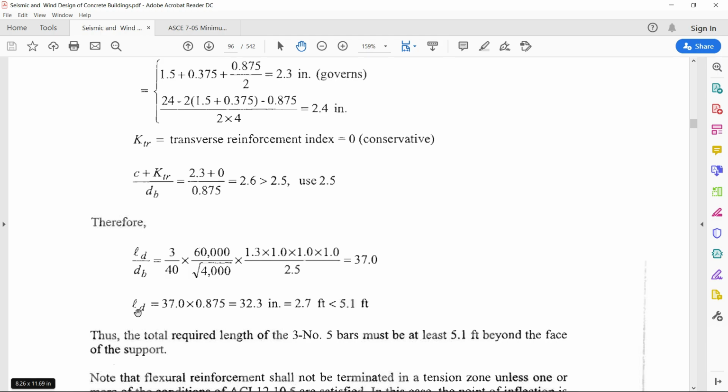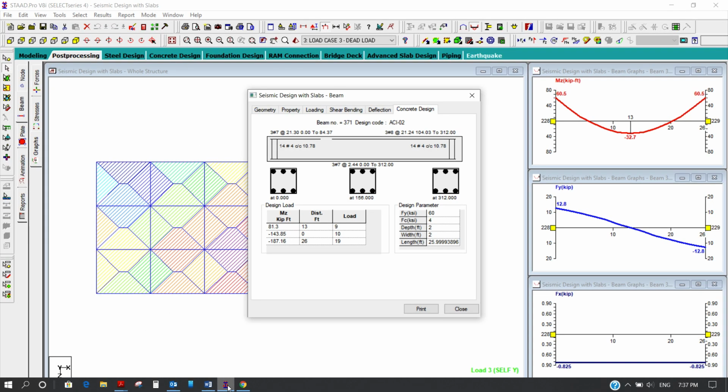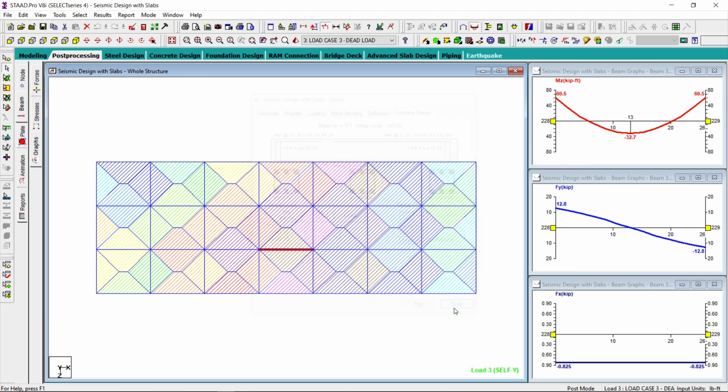So here the development length is calculated as 2.7 feet or 32.3 inches. Let us see what the result is given over here.